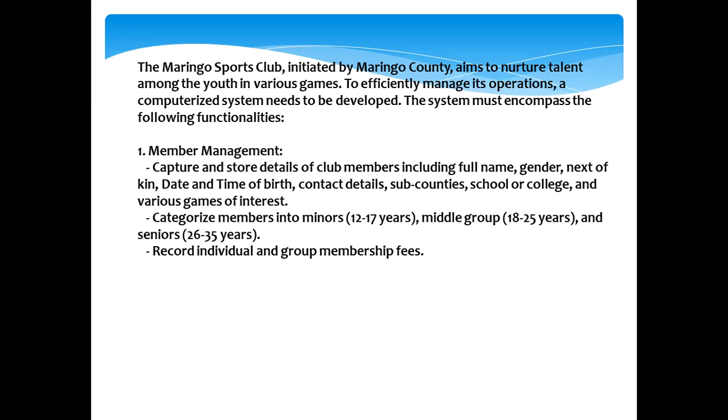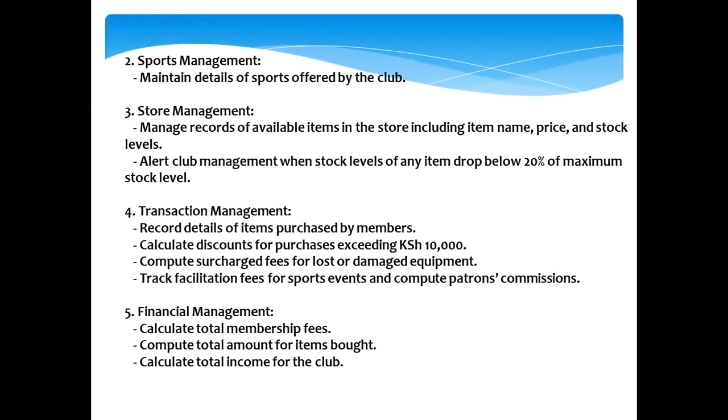So basically, you can see that I am trying to show how my computerized system will resolve the problem. Remember, we are in problem definition. Then the next thing that the system will do is sport management, by maintaining details of sports offered by the club. Next is store management. That one is also a solution to a problem.